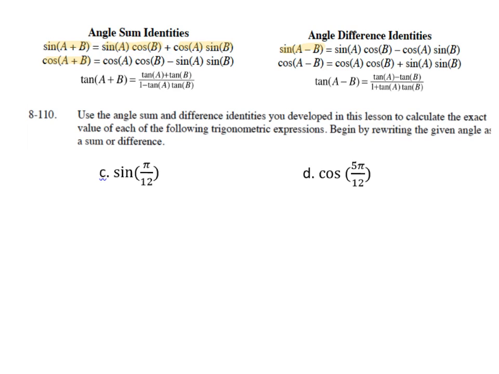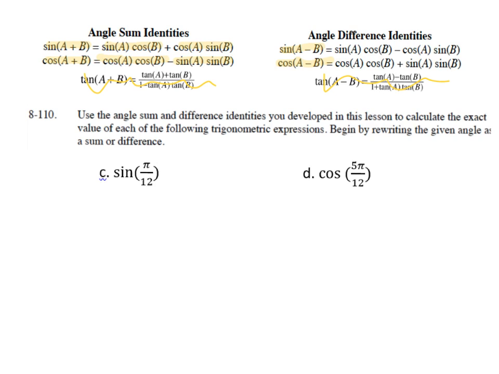The cosine of a plus b is equal to the cosine of the first times the cosine of the second minus the sine of the first times the sine of the second, and its corresponding difference formula. And we did not deal with the tangent formulas.